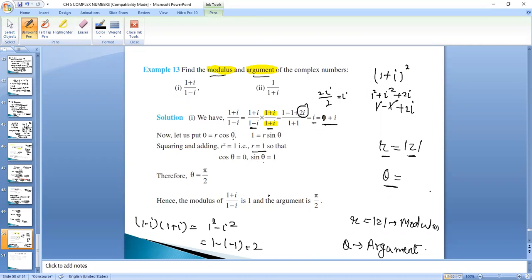Now to find theta, you will divide r sin theta with r cos theta, right? R sin theta upon r cos theta will be equal to 1 upon 0 is equals to infinity. So tan theta is equals to infinity. For what value of theta the tan theta is going to be infinity, we will check from the table, right?